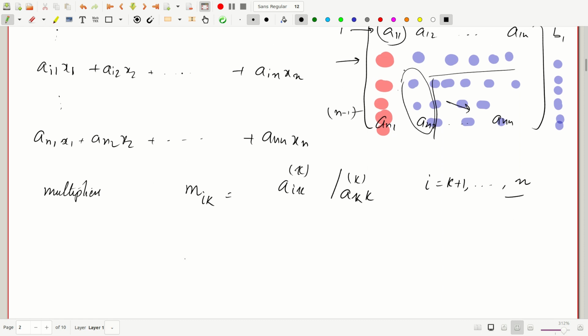Now using these multipliers, we have to calculate the new values for the coefficients in the matrix as well as on the right hand side vector. So the new value of Aij at step k plus 1 would be Aij at step k minus the multiplier that we have just calculated, that is Mik times Akj at the previous level. Okay, similarly Bi, the right hand side vector, also gets modified.